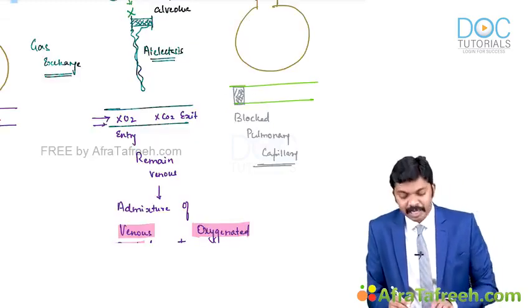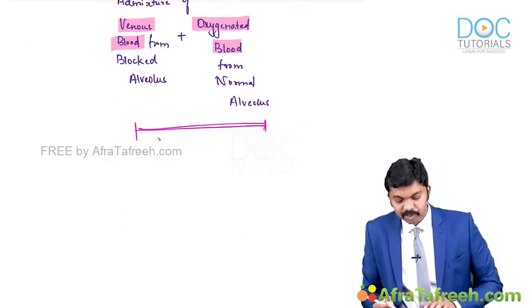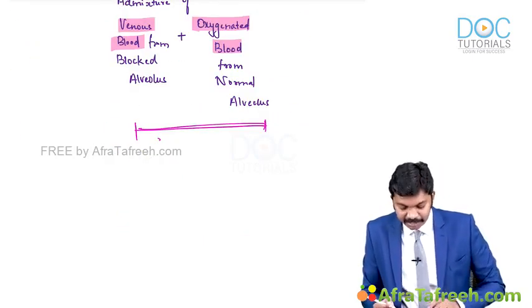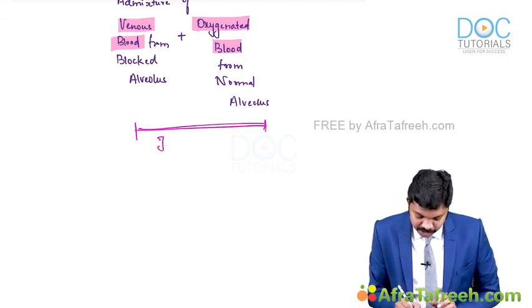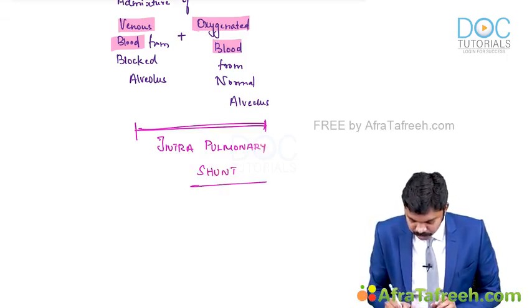Since this shunt happened because of a block in the alveolus and atelectasis, we call this shunt an intrapulmonary shunt. We call this shunt an intrapulmonary shunt, doctors.